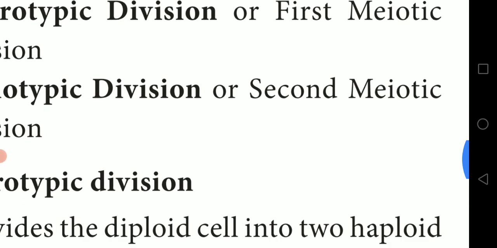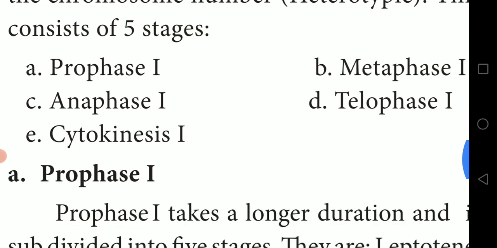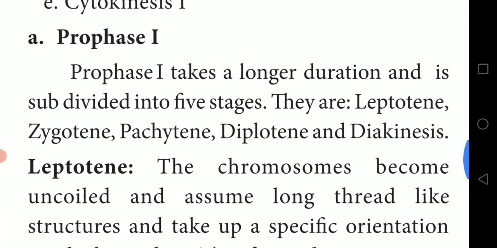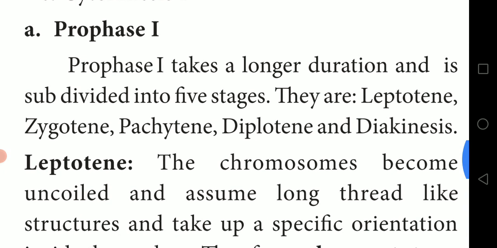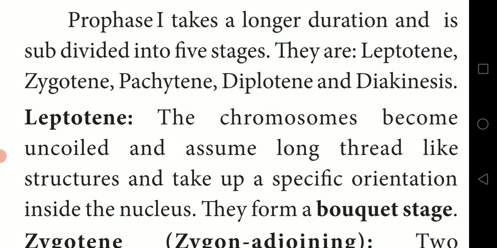This is the heterotypic division, prophase 1. In prophase 1: leptotene, and repeat after me, zygotene, pachytene, diplotene, and diakinesis. We'll see one by one. What is leptotene?